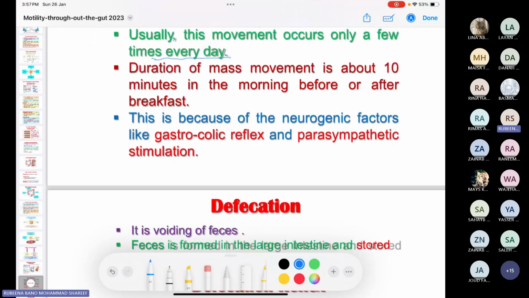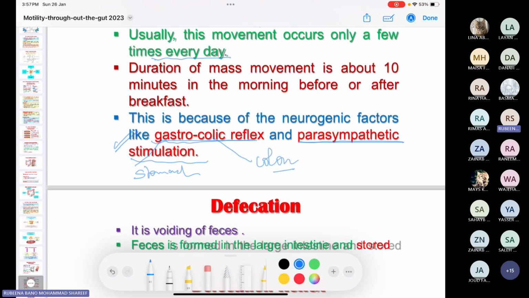And for this, the neurogenic factors which are responsible are gastrocolic reflex and parasympathetic stimulation. When there is parasympathetic stimulation, this mass movement can occur, and also due to gastrocolic reflex. What is gastrocolic reflex? Gastro means stomach, and colic means colon.